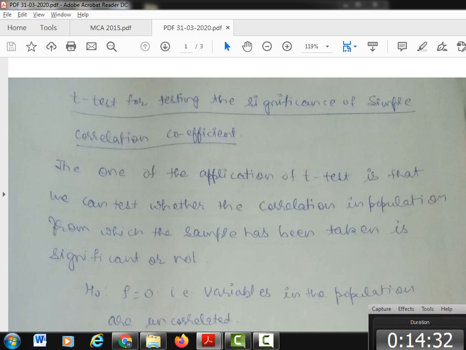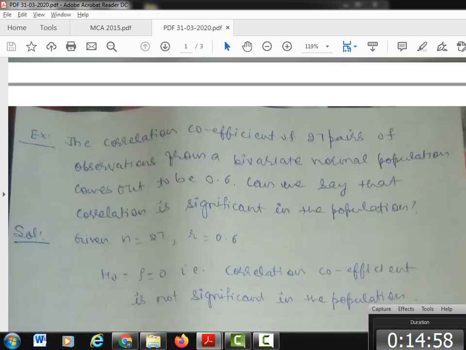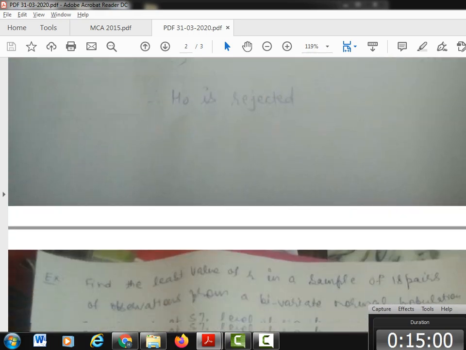I have discussed with you the applications of the t-test, basically for the difference of means, for the difference of standard deviations, and the correlation coefficient between two samples, sample 1 and sample 2, or you can make the comparison of these three things between one sample and the population, whether the difference is significant or insignificant. These are the basic applications of the t-test, which are equally important from the examination point of view.